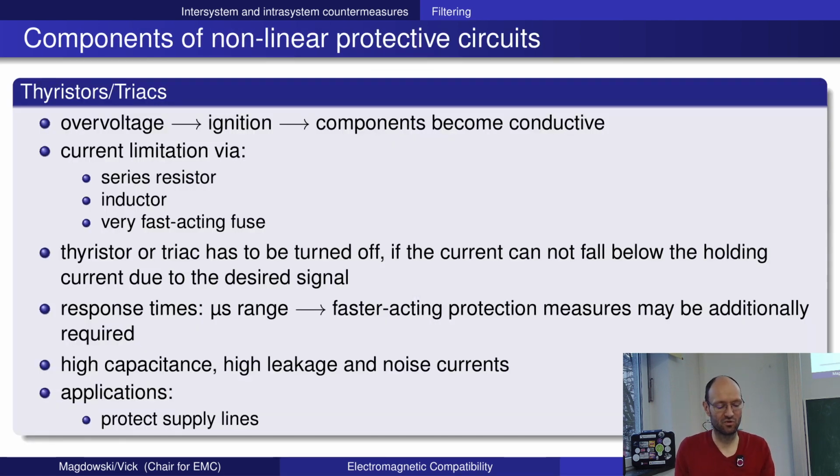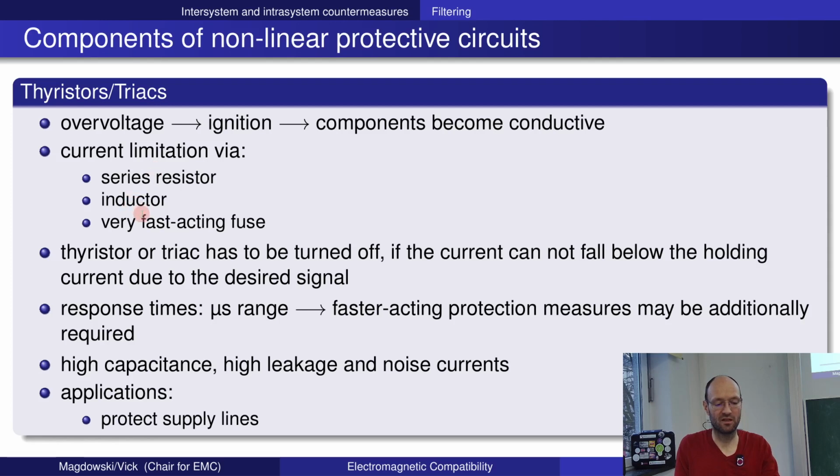Then another nonlinear protective circuit would be a thyristor or triac. There you need to ignite them first. So when there's an overvoltage, it will ignite the circuit, and then this triac, for example, becomes conductive and can protect the circuit. Usually there's also some kind of series resistor to limit the current.